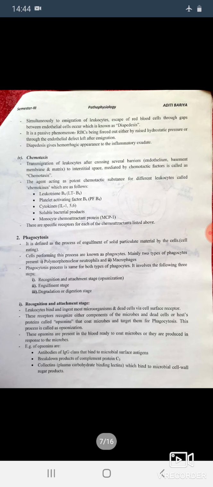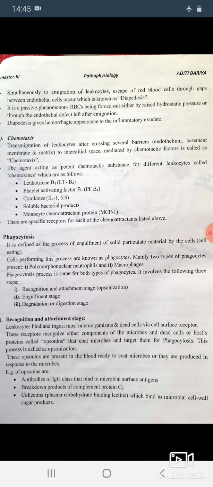Simultaneously to immigration of leukocytes, escape of the red blood cells through the gaps between endothelial cells can occur, which is known as diapedesis. That means sometimes if there is a very high change in vascular permeability, then along with WBCs, RBCs also escape out into the interstitial tissue.